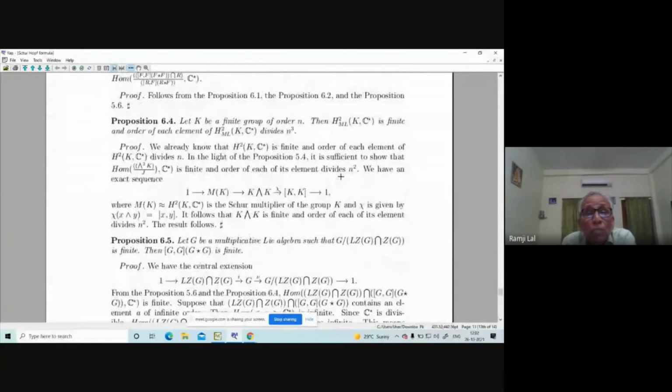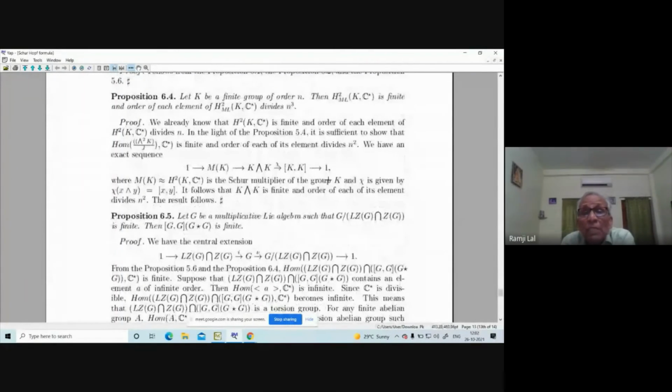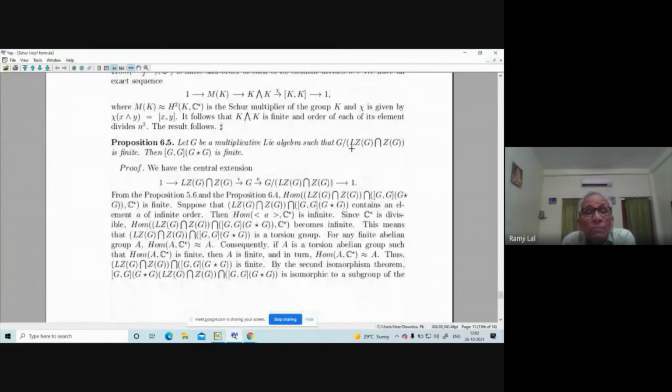Now here comes the crucial fact: if G is a multiplicative Lie algebra such that this is finite, then this is also finite. Recall that if LG contains ZG, the usual group central extension, then G by ZG finite implies that the commutator subgroup of G is finite, because G star G will become trivial in that case. So the usual Schur Hopf formula follows from here, the result of Schur, the crucial step including the Schur Hopf formula.